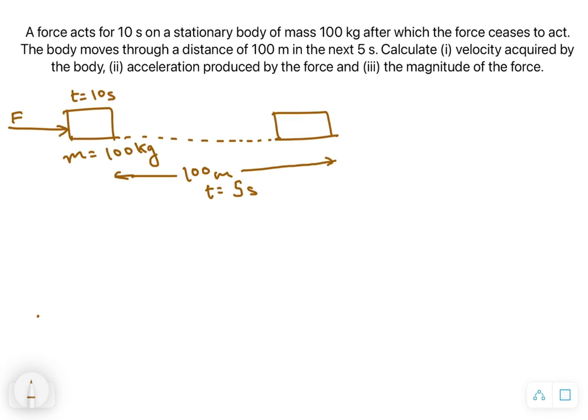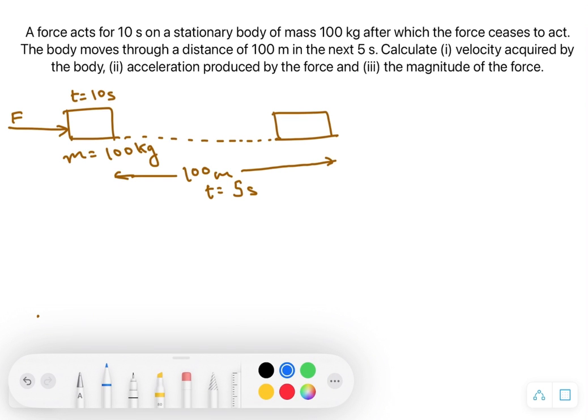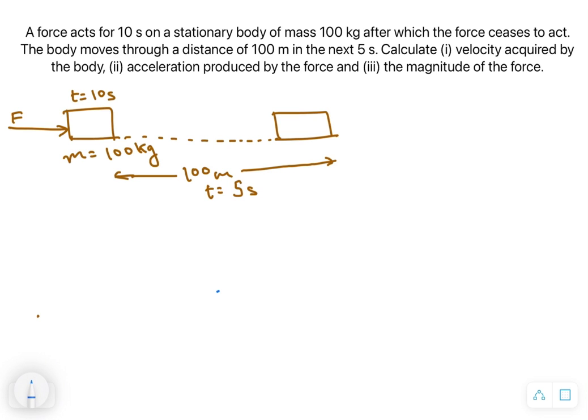First we need to calculate the velocity acquired by the body due to this force. So let us find out. Since the force has stopped acting, body is moving with constant velocity. We can calculate this velocity using the formula for uniform motion.